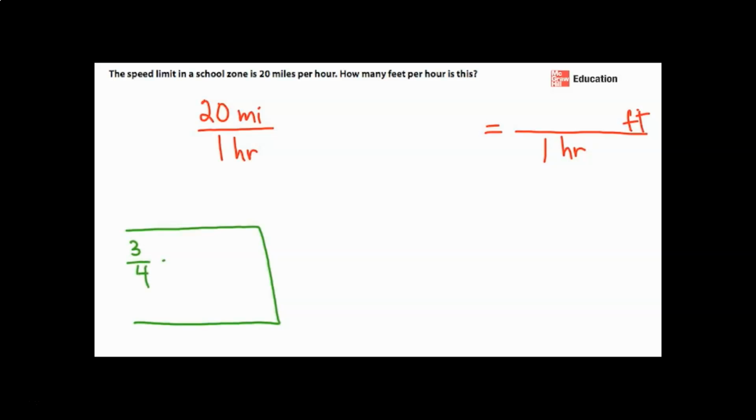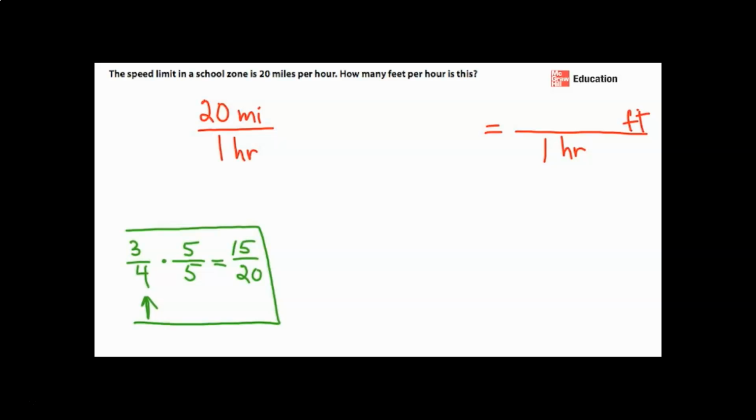And let's multiply that fraction by another fraction that is equivalent to 1, like 10 over 10, 6 over 6, 5 over 5. And let's just see what happens to this original fraction. When we do the multiplication, we end up with 3 times 5, or 15, over 4 times 5, or 20.